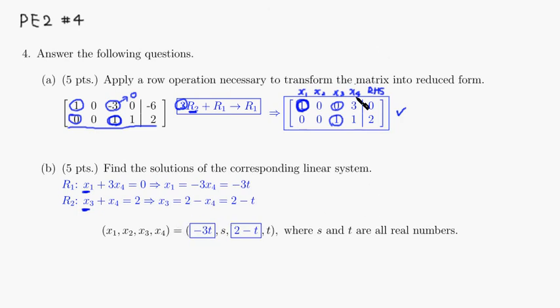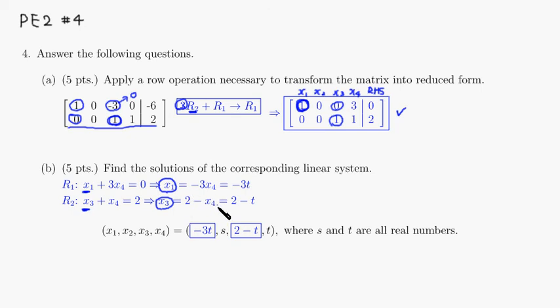You can see that there are two conditions given: one for x1 and the other for x3. So x1 and x3 have to have a certain form.